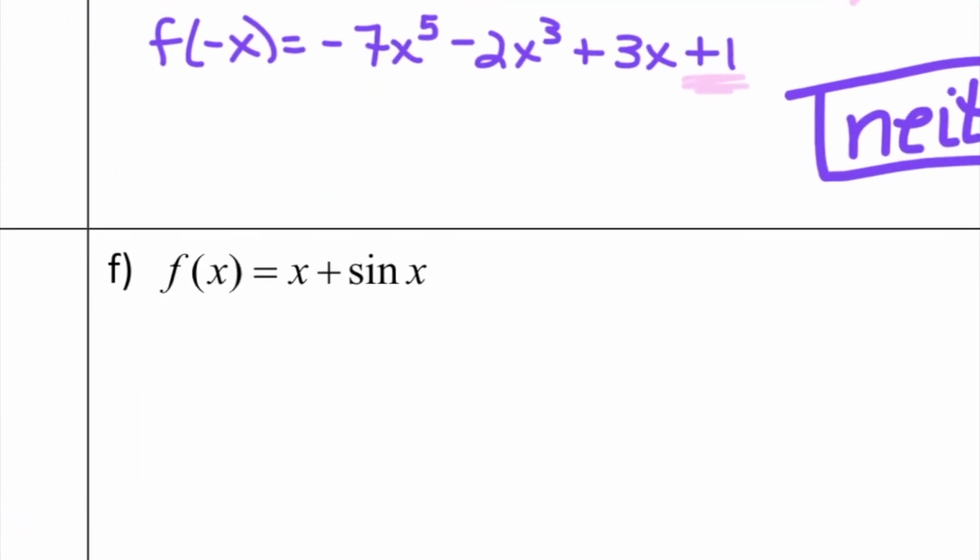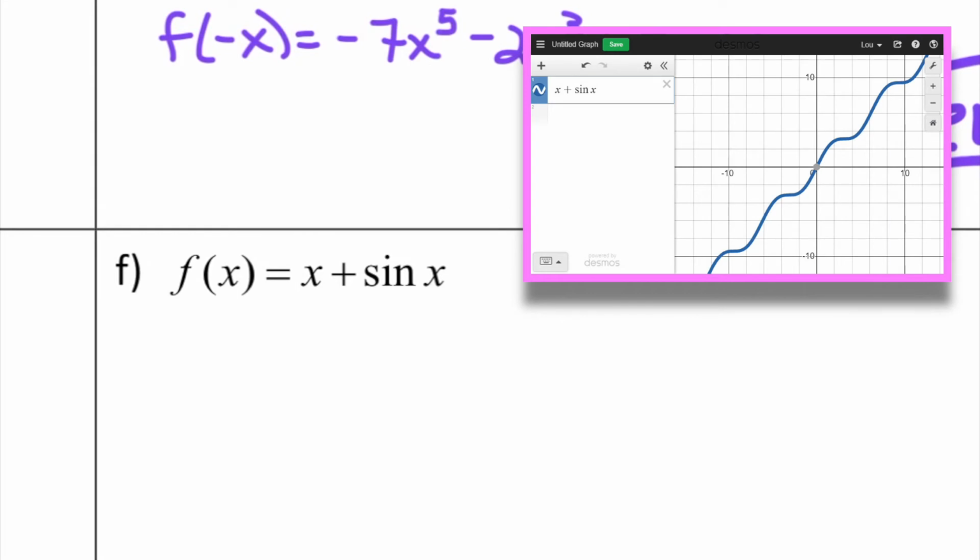Last but not least, remember that I said that I'm not going to put any trig functions on your test, but I do expect you to be able to at least handle looking at them. And so I want to talk you through this one. When I graph it, this is a kind of a weird graph, but if you look at it closely, you can imagine that it would have rotational symmetry around the origin.